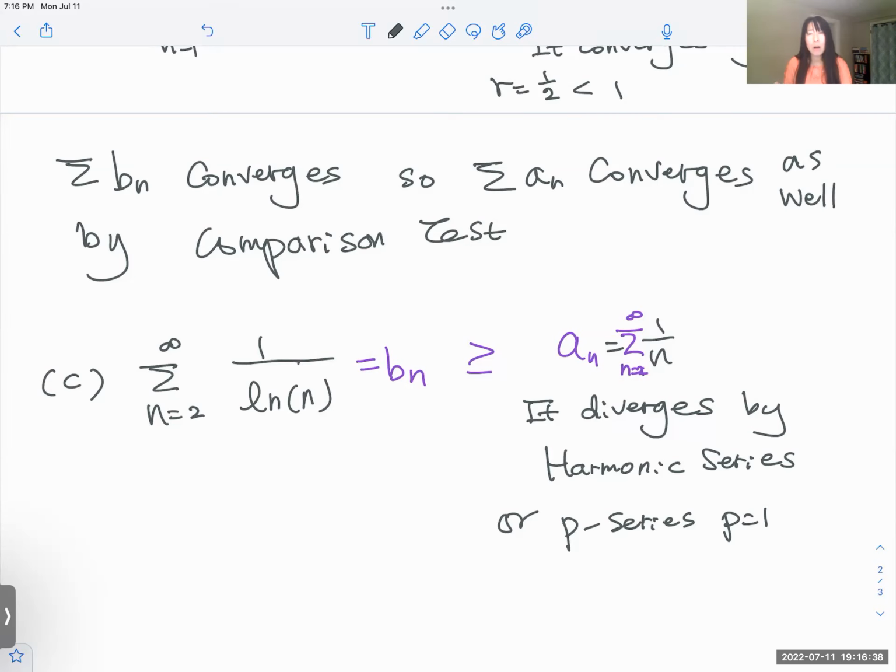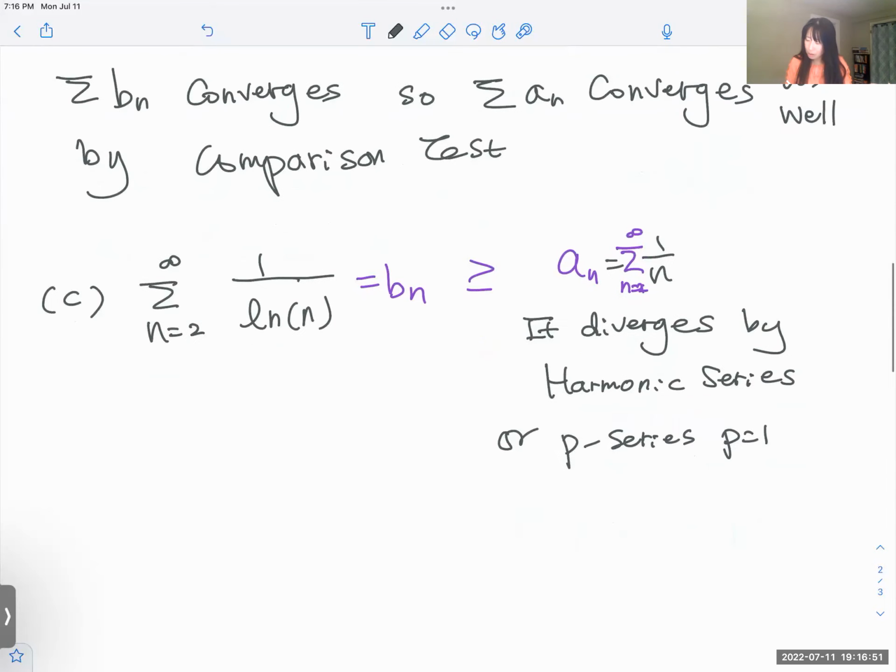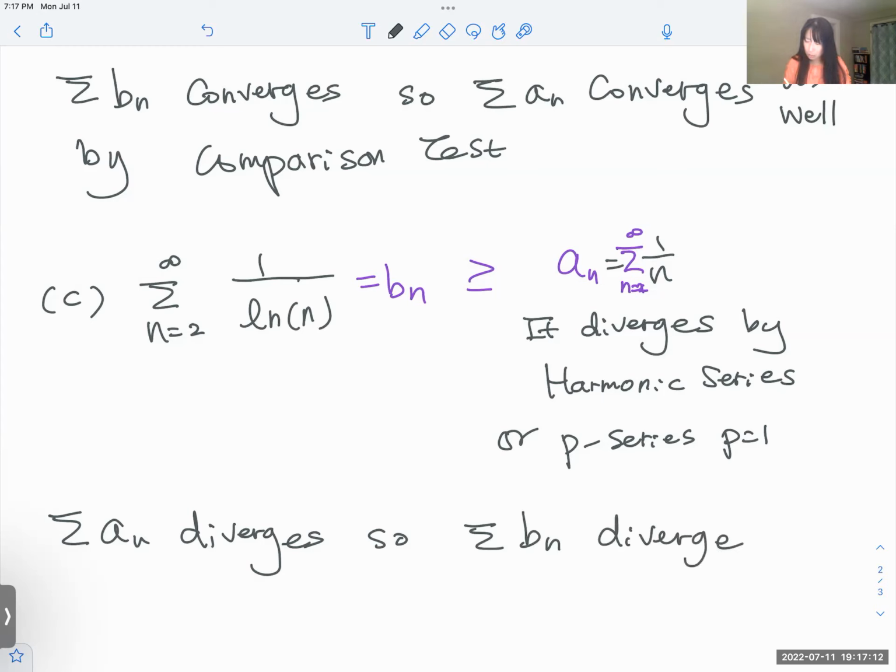Now, since the smaller series diverges, the bigger series diverges, right? So therefore A sub n diverges by comparison test.